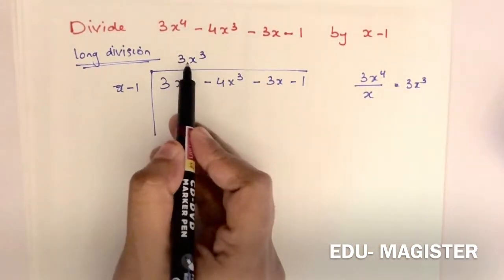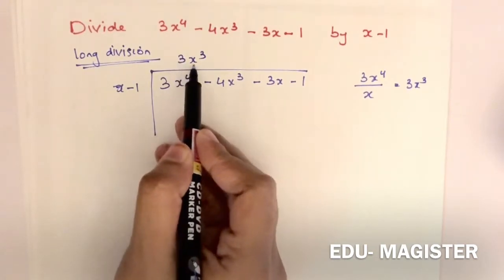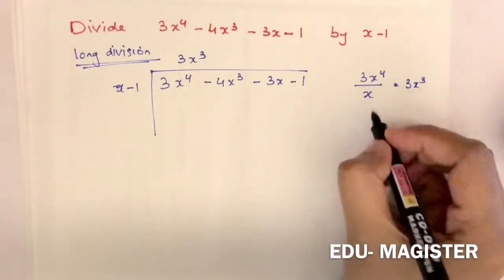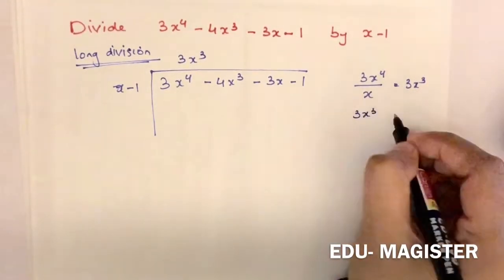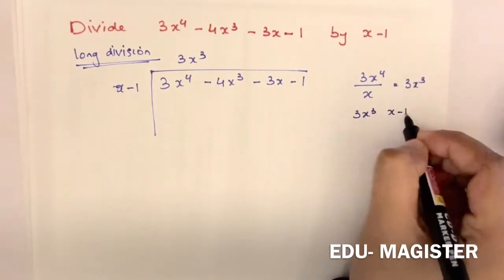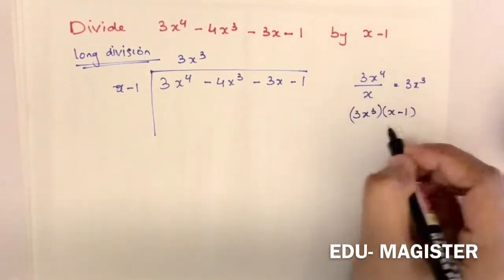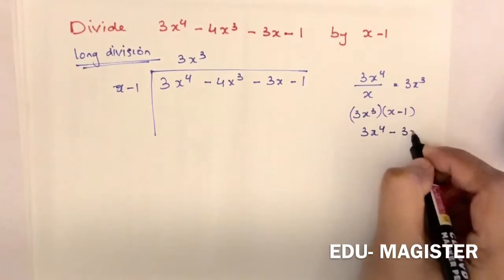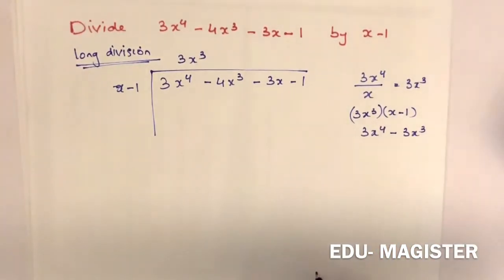Then we will multiply the quotient that we got with the divisor, that is 3x cube multiplied by x minus 1. So this will be 3x raised to 4 minus 3x cube.